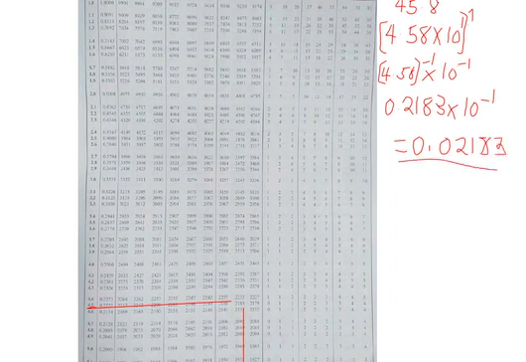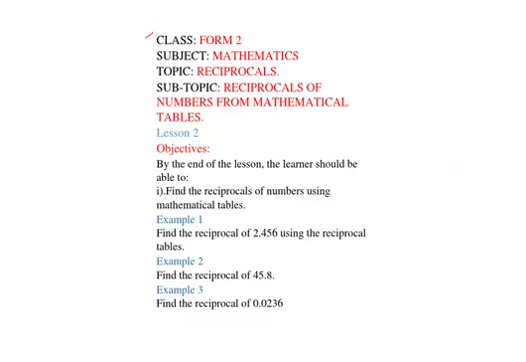And that means that the reciprocal of 45.8 is equal to 0.02183.